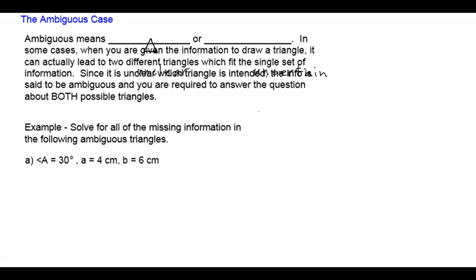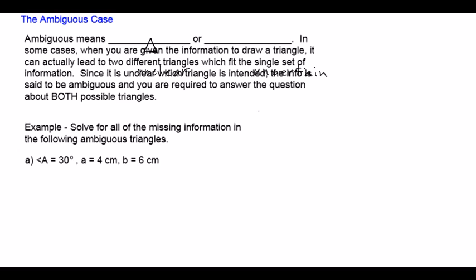So remember, I told you in some cases when you draw a triangle, there might be two possibilities for that triangle. Basically, it can lead to two different triangles which can fit the single piece of information that you've just calculated. So when we say that a triangle is unclear, it means that there is a possibility of another configuration for the triangle.